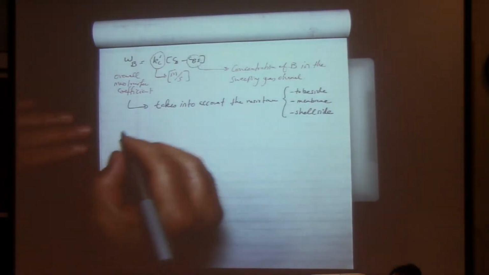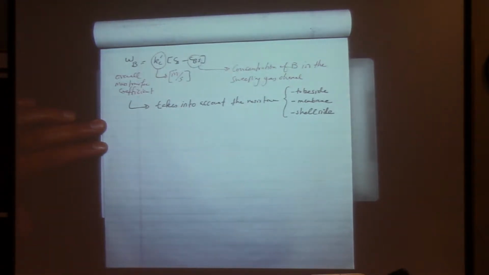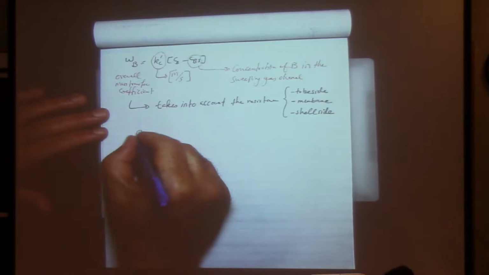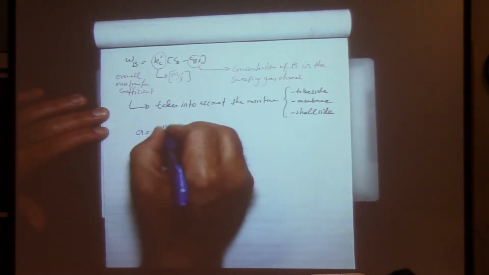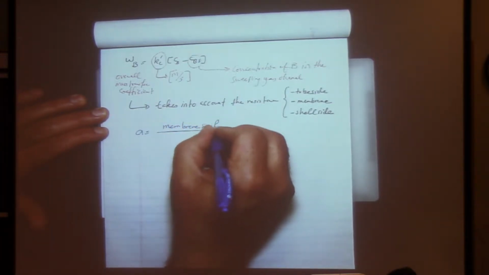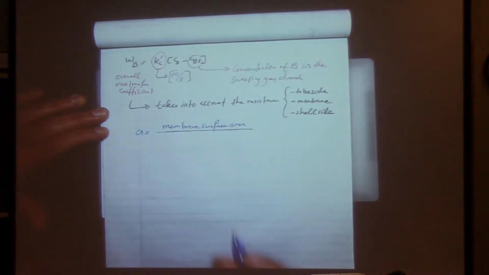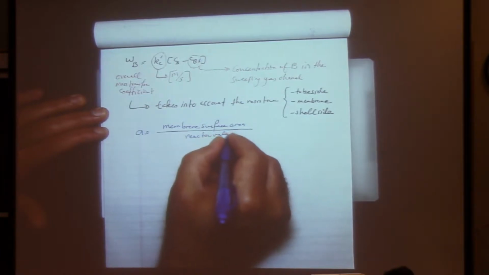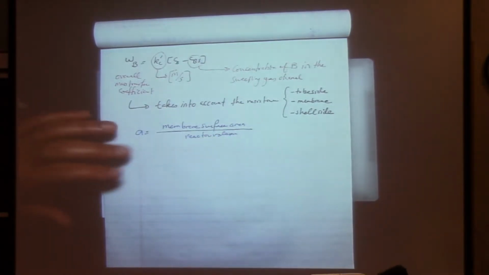So your a is the specific surface area, the membrane surface area over reactor volume, which is meter squared over meter cubed.